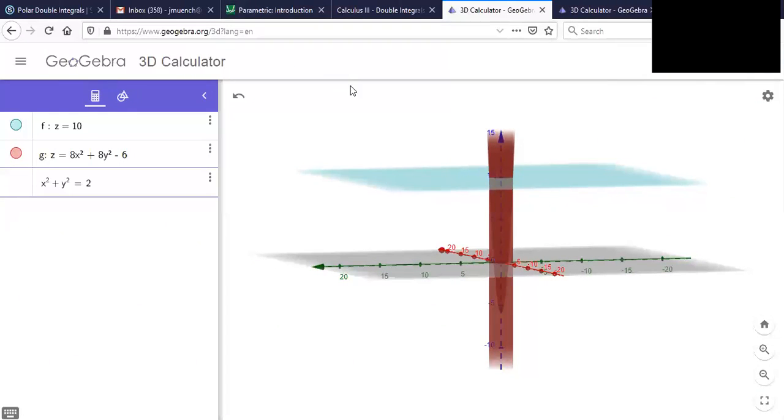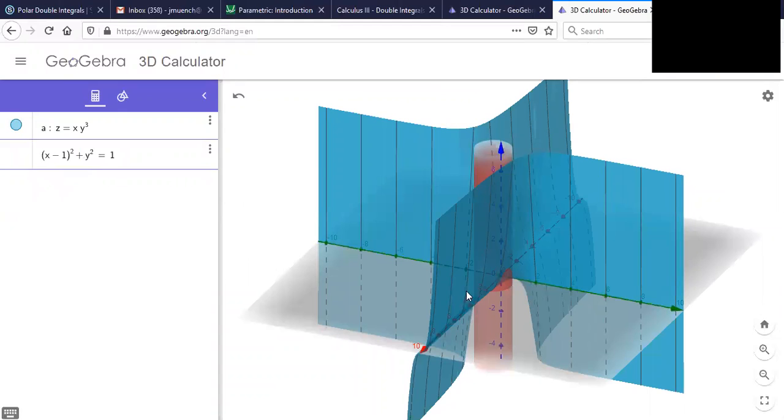Specifically, what I would like to look at is the area below z equals x y cubed, bounded by the cylinder x minus 1 squared plus y squared equals 1.